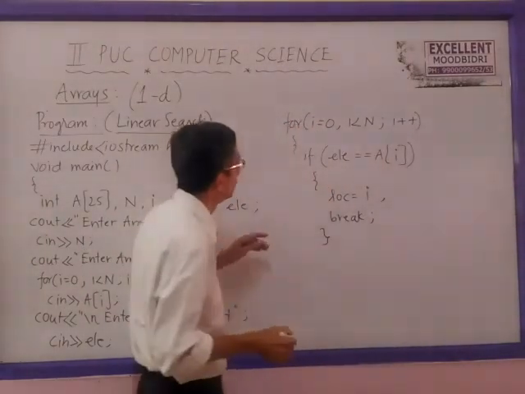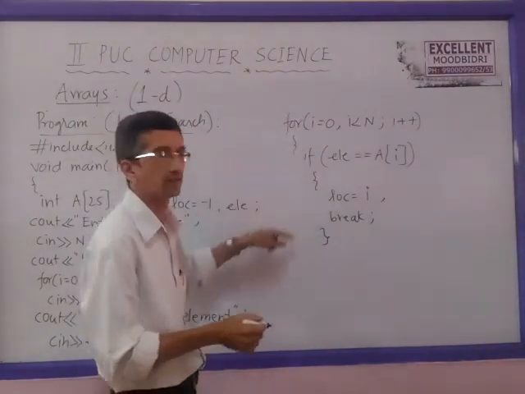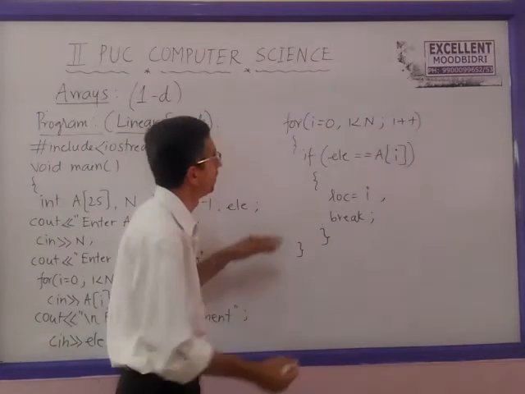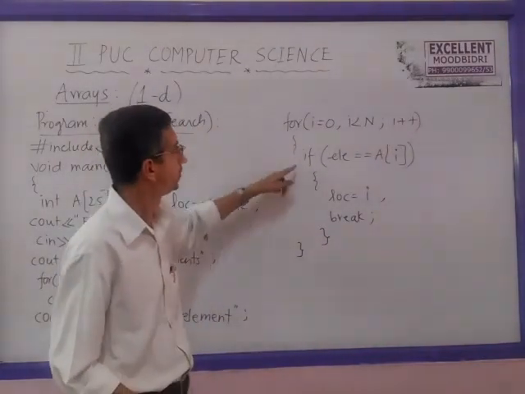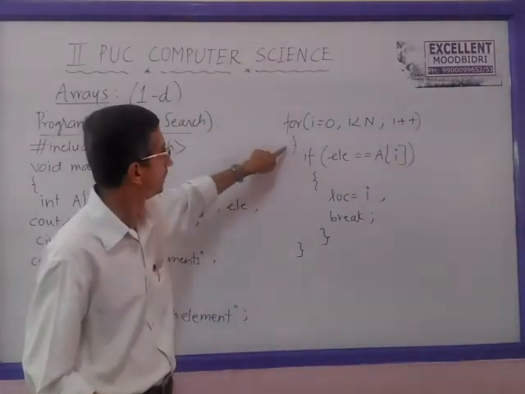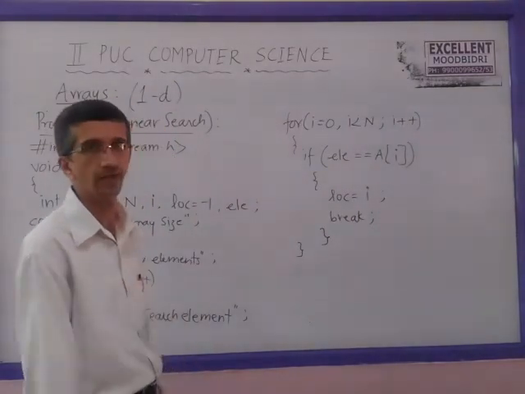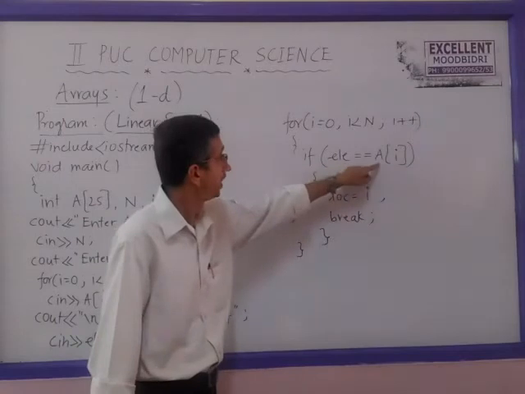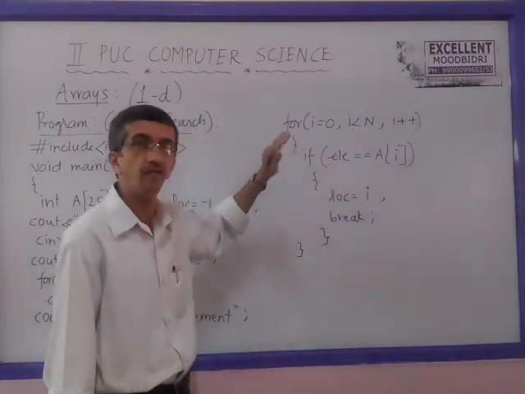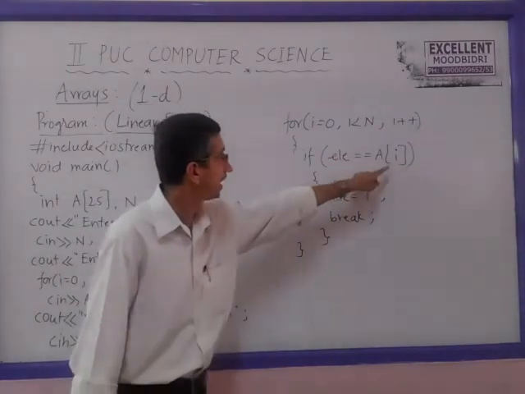That's all. Here the braces are not necessary. Even if you put them, it is not a problem, because within the for loop there is only one if statement. So this is optional, but if you put them for clarity, that is well and good. If element is equal to A[i], a comparison, and if it is true, then that i is required.